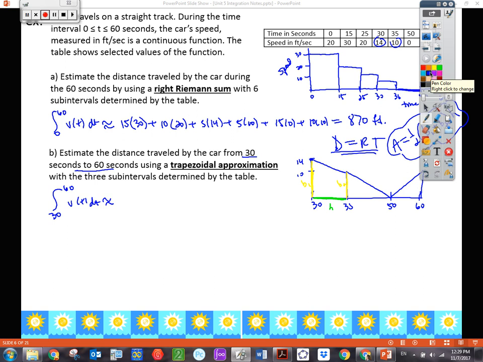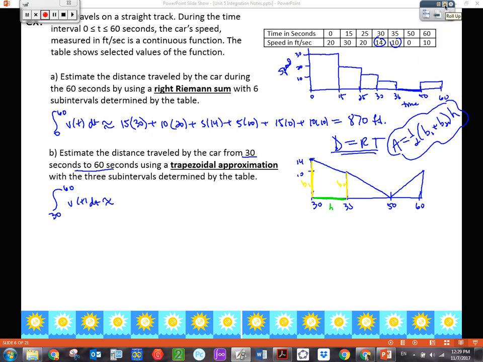All right, so let's start writing it down. Since all of them have a 1/2, I'm going to factor that 1/2 out instead of doing it for each of the 3. And I'm going to deal with base 1. So base 1 in my first trapezoid is 14 plus base 2 is 10.